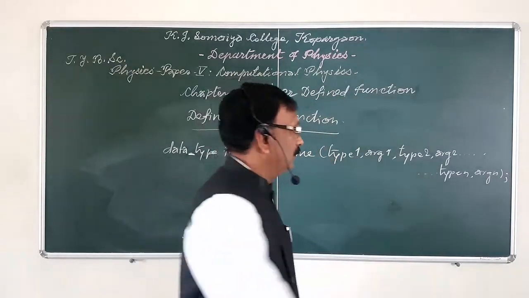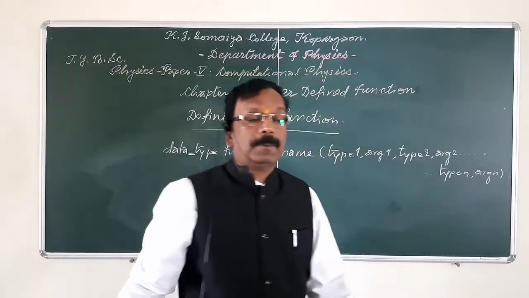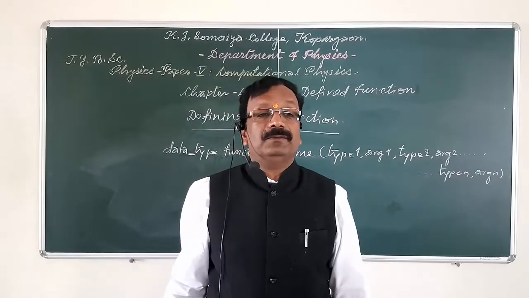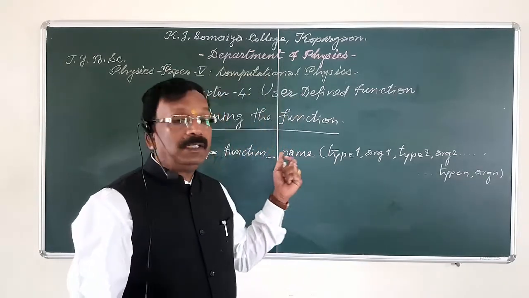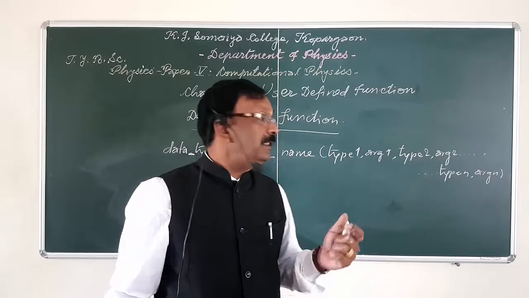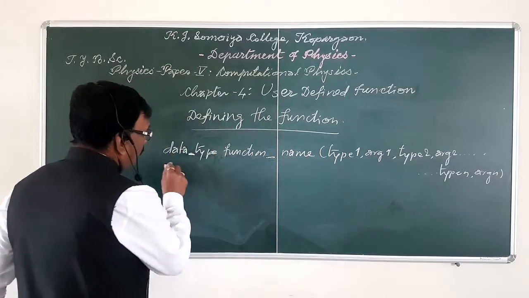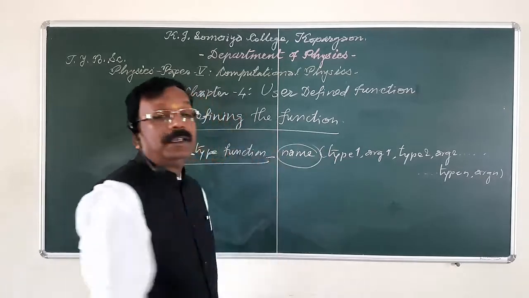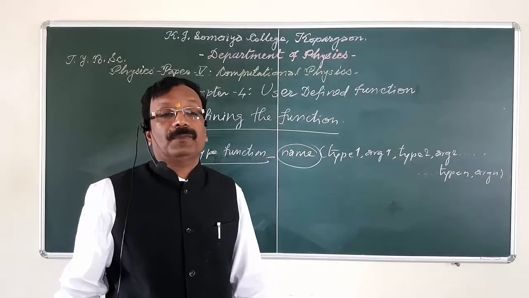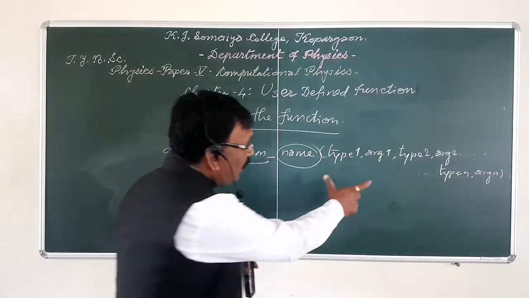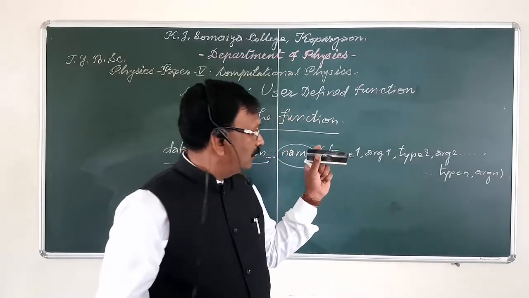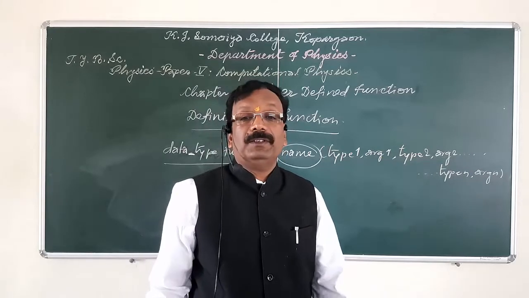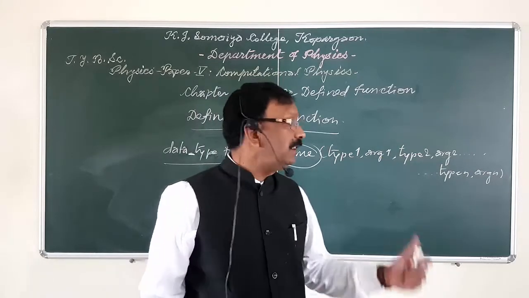Termination is not necessary. So this is the first line of the function, and this definition contains the data type of the function followed by the name of the function and a set of arguments, that is type 1 argument 1, type 2 argument 2, type n argument n. This is the general form.